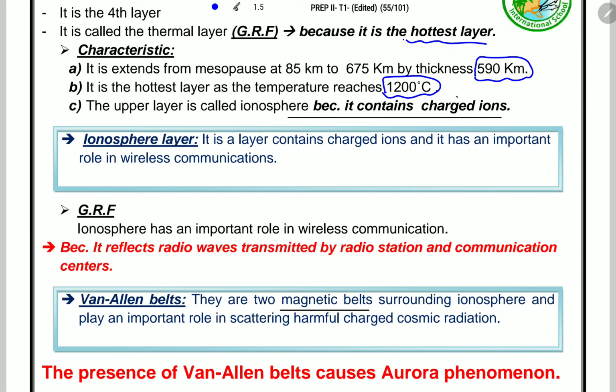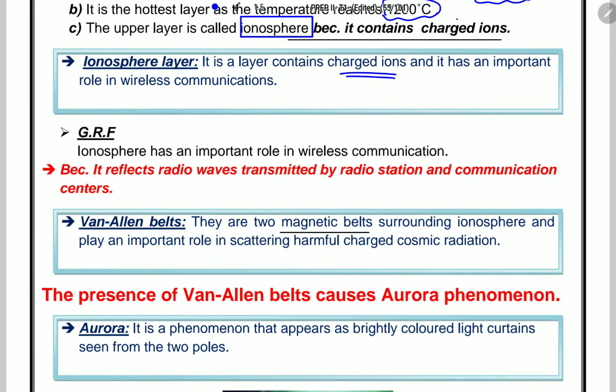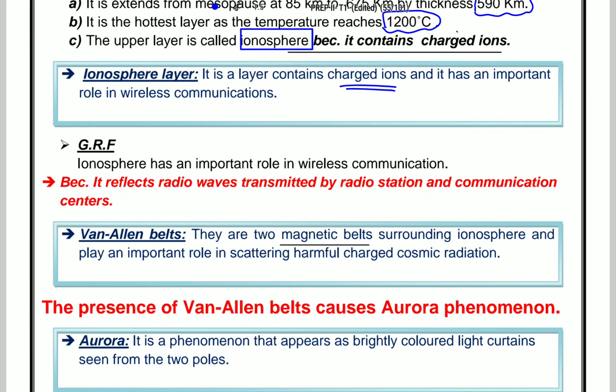The last part of this layer is called the ionosphere. Why? Because it contains some charged ions. This ionosphere is a layer that contains charged ions, and it has an important role in wireless communication. Like, this is the last part of the ionosphere, and this is a person talking on the mobile phone or something.